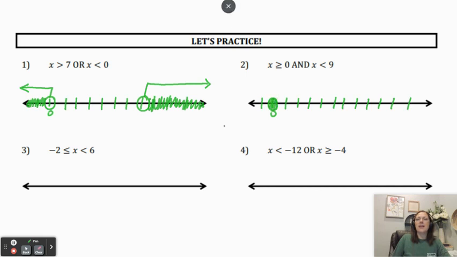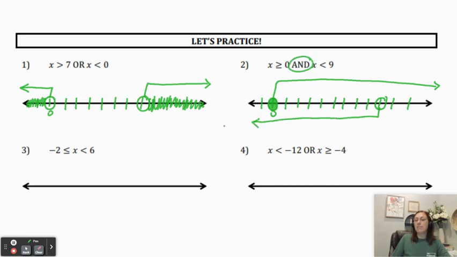We want greater than, so we're going to be drawing a line this way. x is less than 9, so 1, 2, 3, 4, 5, 6, 7, 8, 9. Put an open circle there, and we want less than, so that's this direction. Now remember, with our ands or our type 1 inequalities, we're looking for the overlap. So you're looking where these two lines overlap, and I see that that's in the middle.